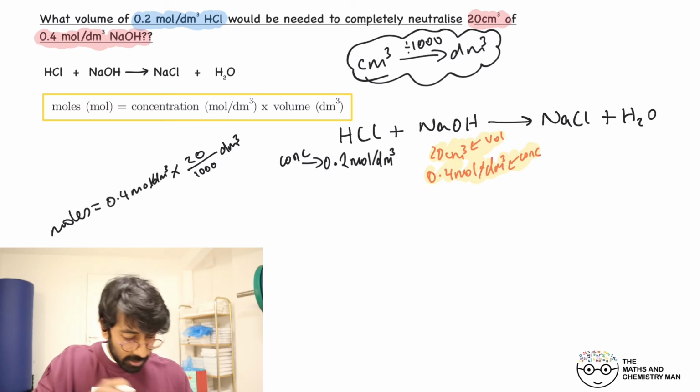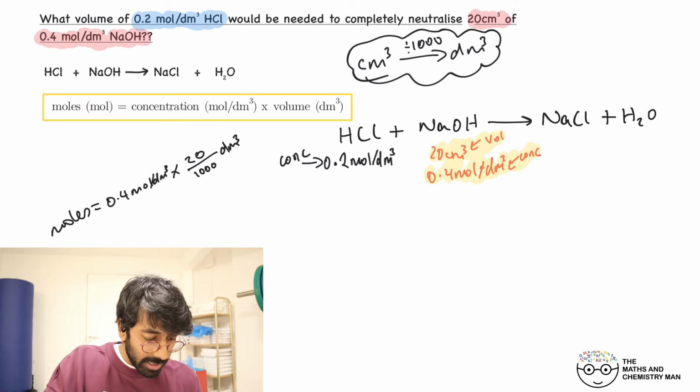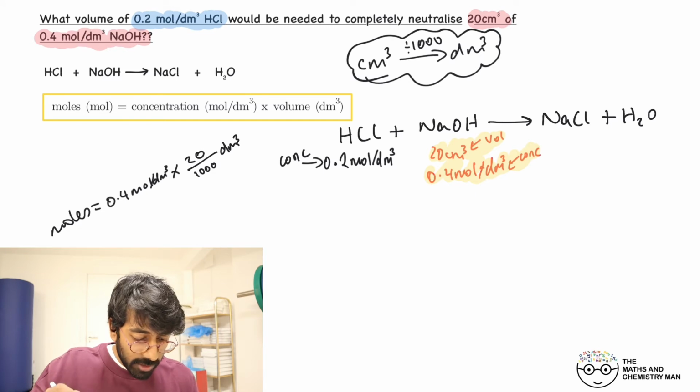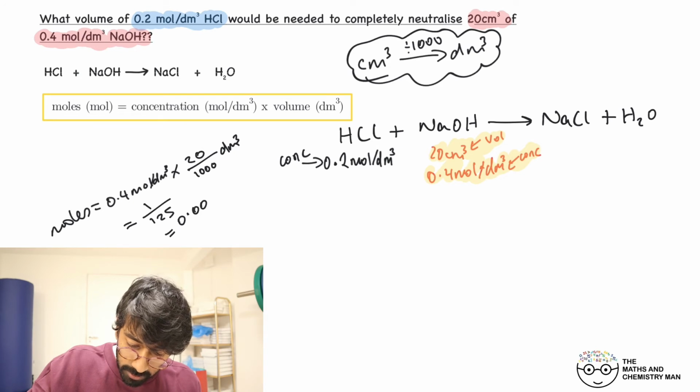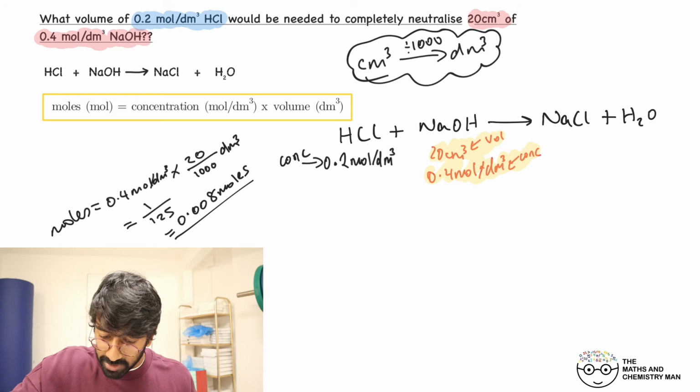Let's type that all in. So we've got 0.4 times 20 over 1,000, and that comes out as a fraction, 1 over 125, or as a decimal, 0.008 moles. There we go. Perfect. So I'm going to put that underneath here, 0.008 moles.